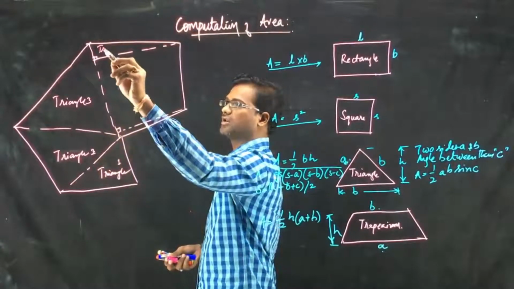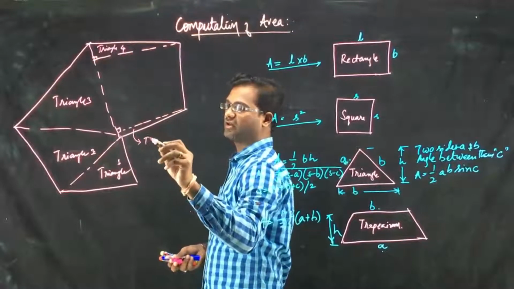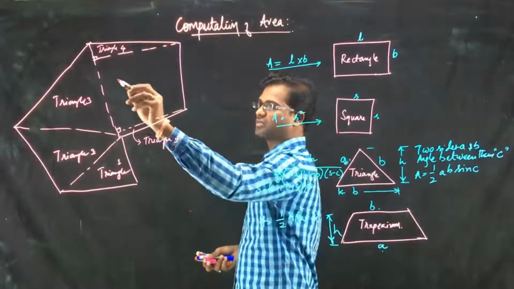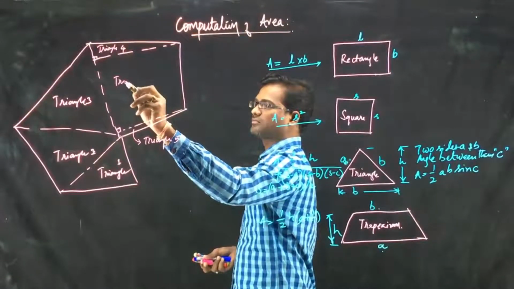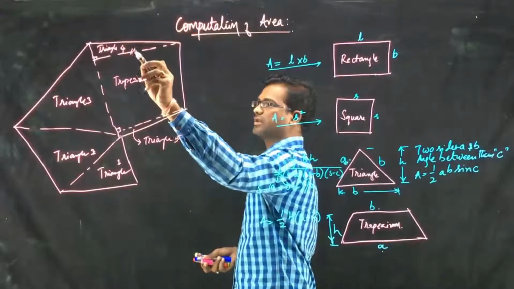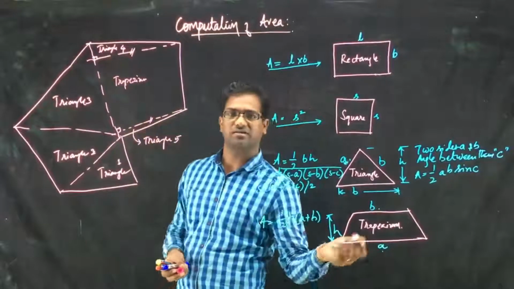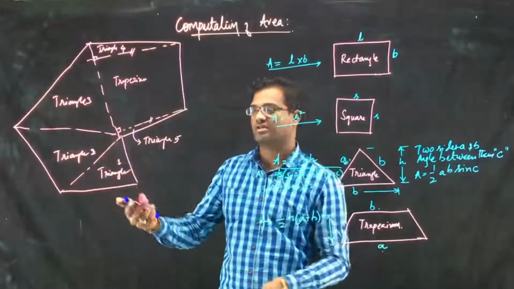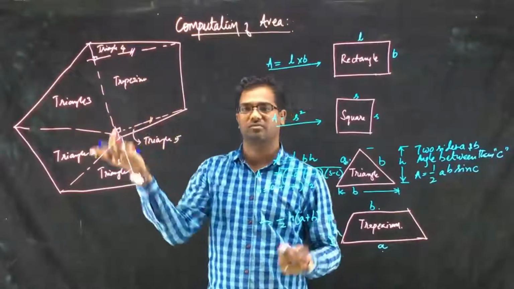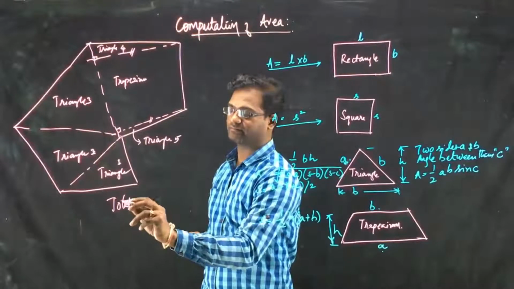This could be triangle 4, this could be triangle 5, and this could be a trapezium. Both have parallel sides, and if you know the height, then you can apply this formula. So the summation of triangles 1, 2, 3, 4, 5 and the trapezium gives you the total area of this figure.